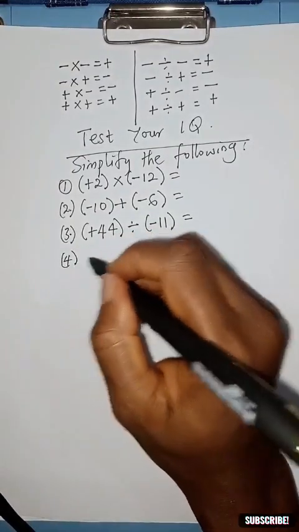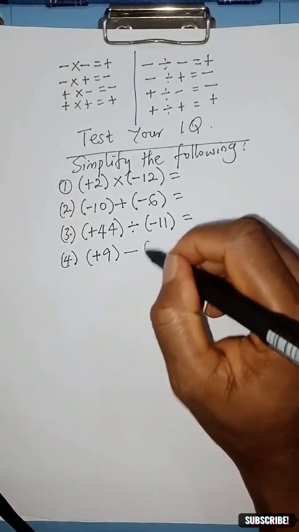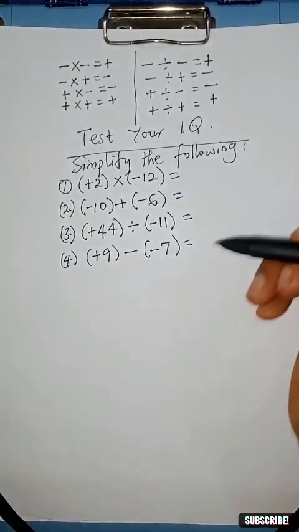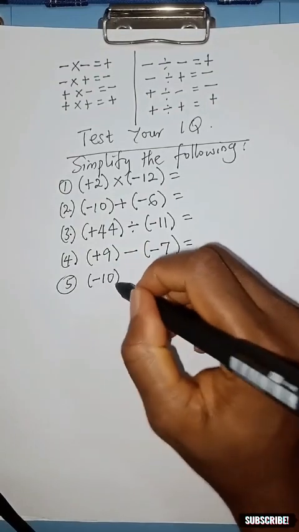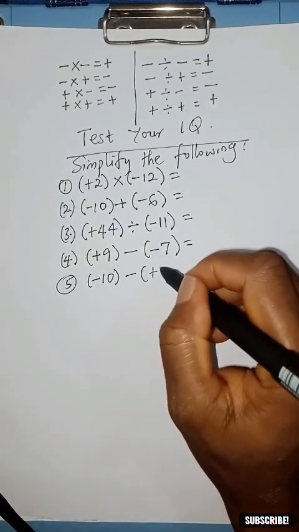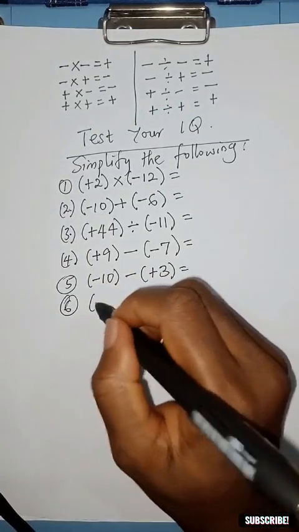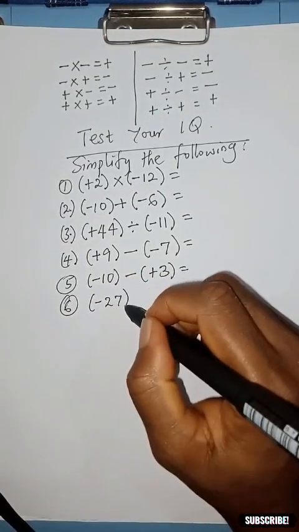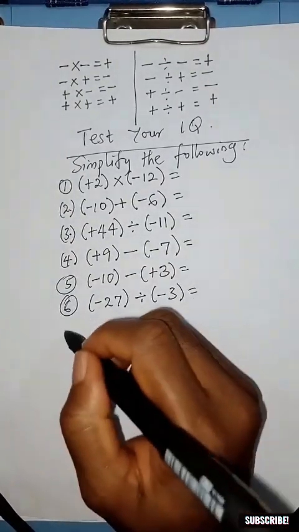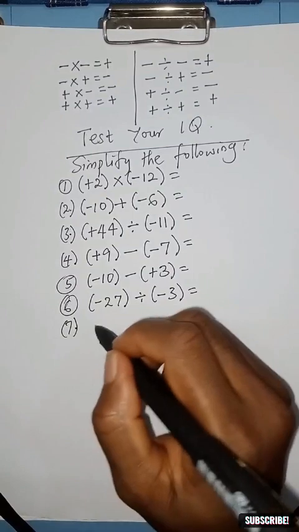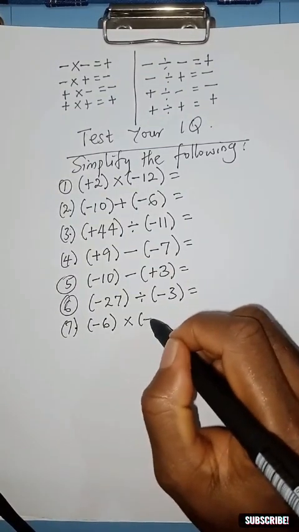Number 4, plus 9 minus 7. Number 5, minus 10 minus plus 3. Number 6, minus 27 divide minus 3. Number 7, minus 6 times minus 9.